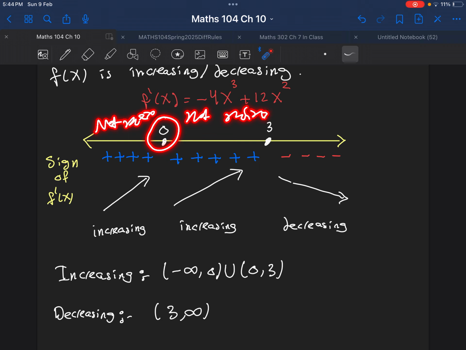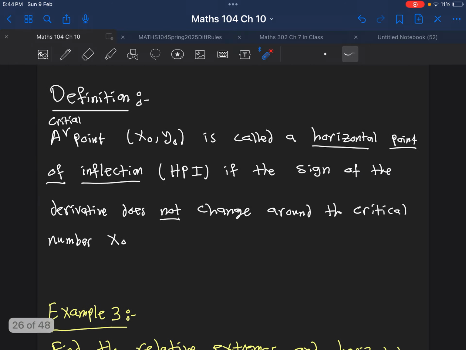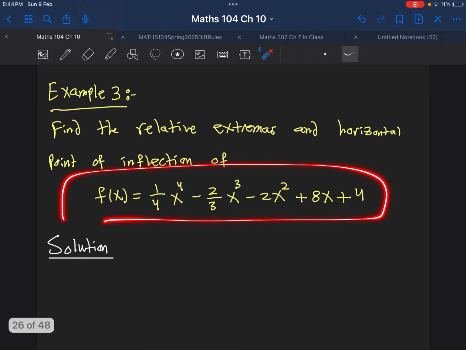It doesn't go up and down or down and then up. So this has a special name where we don't have a maximum or minimum. It is known as a horizontal point of inflection, HPI. We call a point an HPI if the sign of the derivative, after we do the number line, does not change around the critical number.